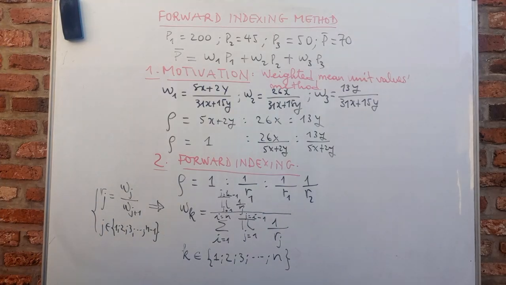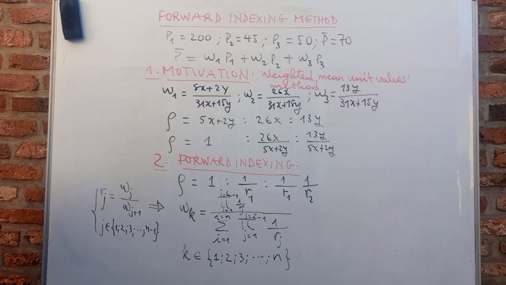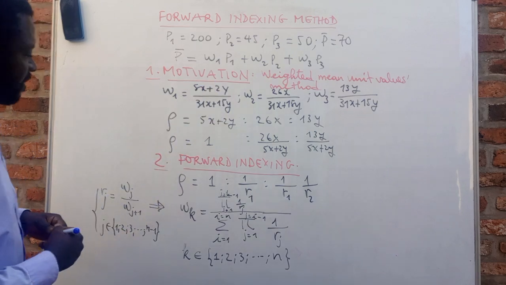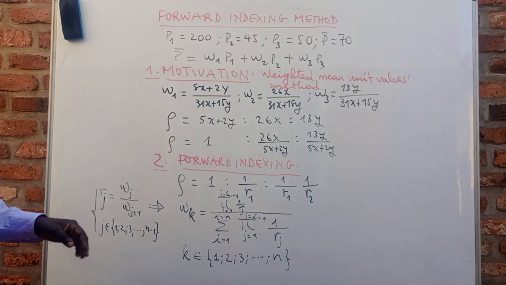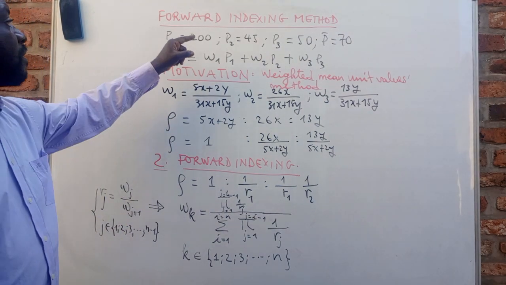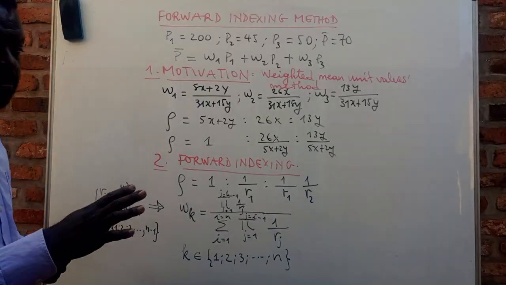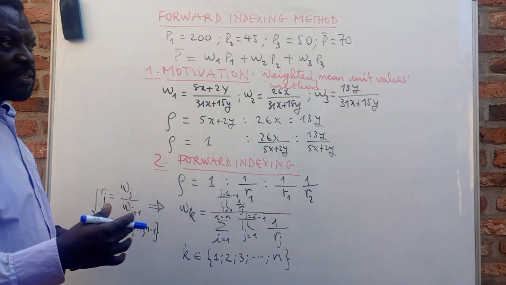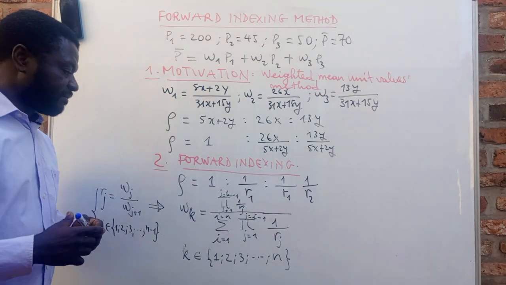Here we will have three parts. In the third part we are going to sketch the proof of this forward indexing method, but the proof will be done properly in the next video.